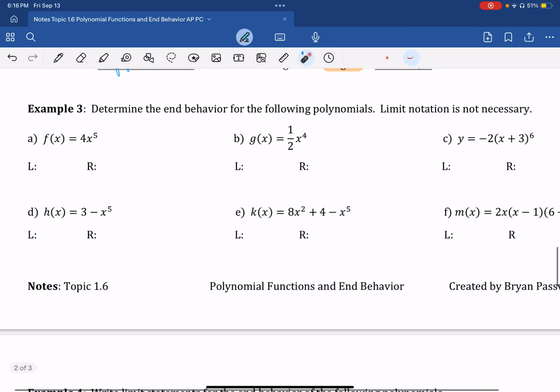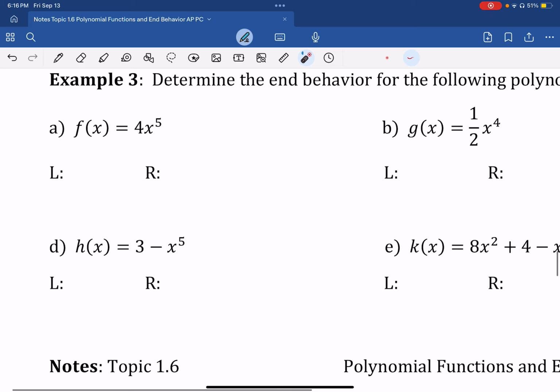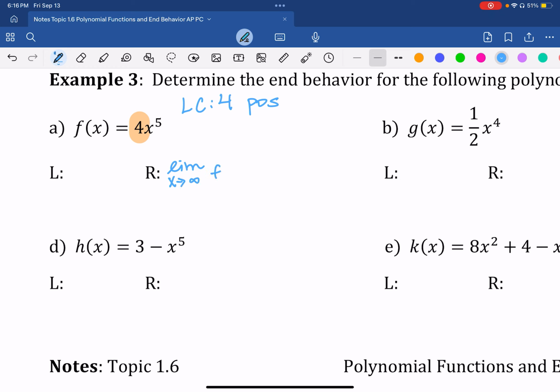So let's try example 3. Letter A says f of x equals 4x to the power of 5. Okay? My leading coefficient is 4, which is a positive number. That means I'm going to say the limit as x approaches positive infinity, f of x goes to positive infinity. Remember, if your leading coefficient is positive, you go up on the right.